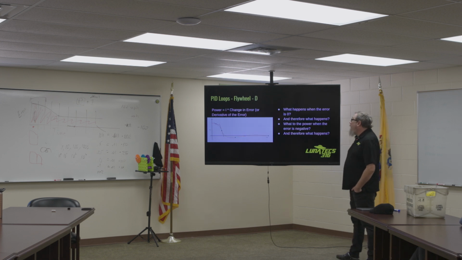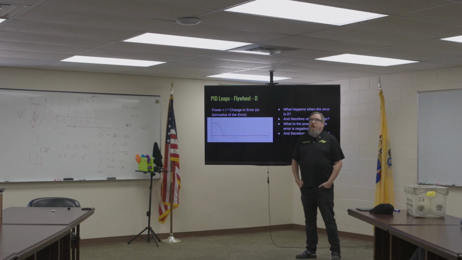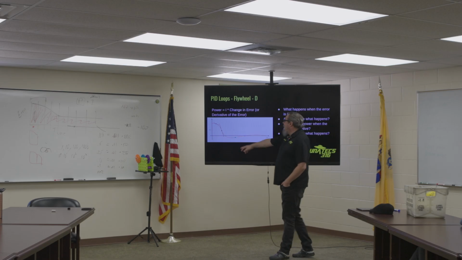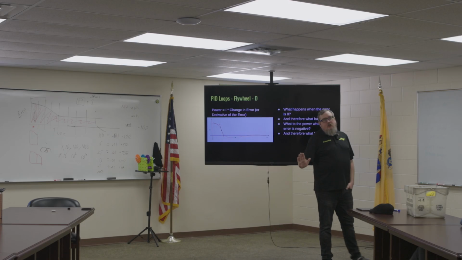And then we have D. So D is the change of error. Do you guys know what a tangent is on a curve? It's when somebody goes for a long. Yes, it is that, but it is also a point on a curve where you can run a straight line through without touching any other point. And you can get the slope of that.